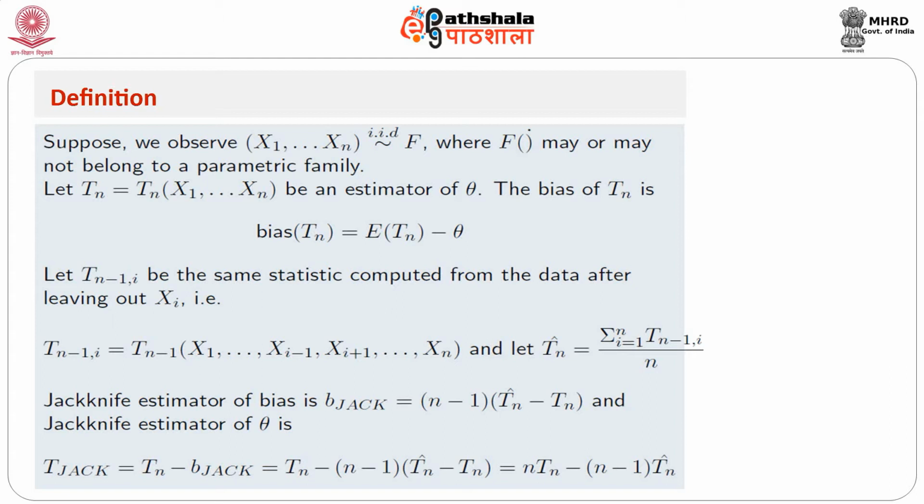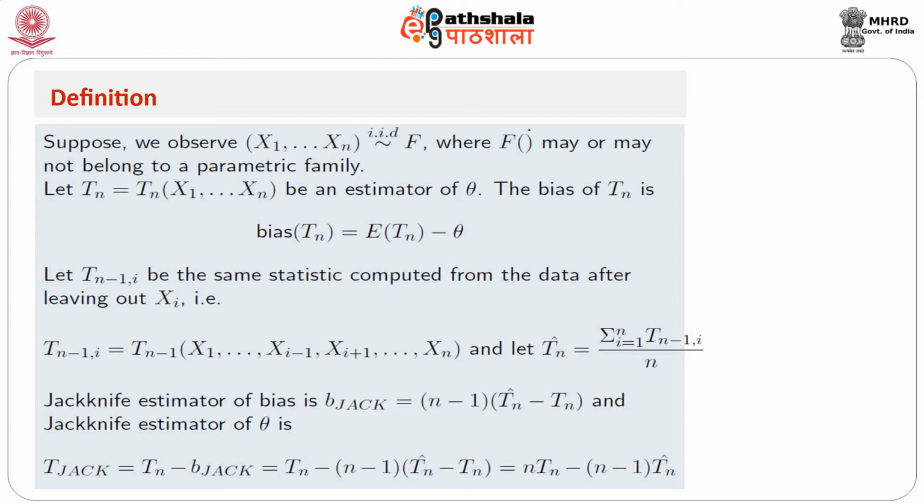So, we are not making any restriction on F. Now, assume that Tn is an estimator of theta, for example, Tn is Tn of x1, x2, ..., xn. Note the use of the subscript n. In the previous session we were using T instead of Tn. Here Tn signifies that the estimator is based on n observations x1, x2, ..., xn.